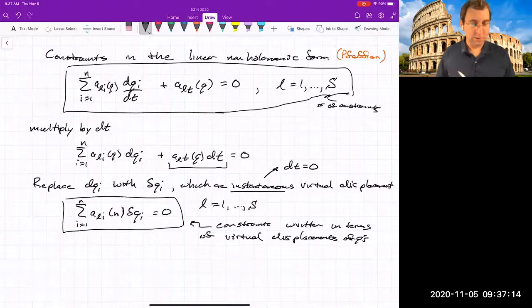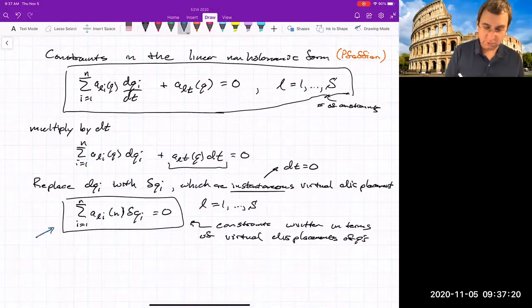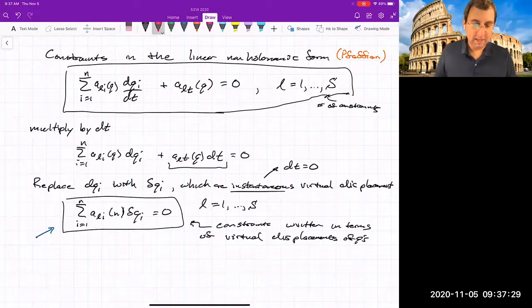So we are going to assume that we can satisfy the constraints. So that means this equation is true. We've got some sum over the delta Qs equals 0. We could multiply that by anything, and it's still true.